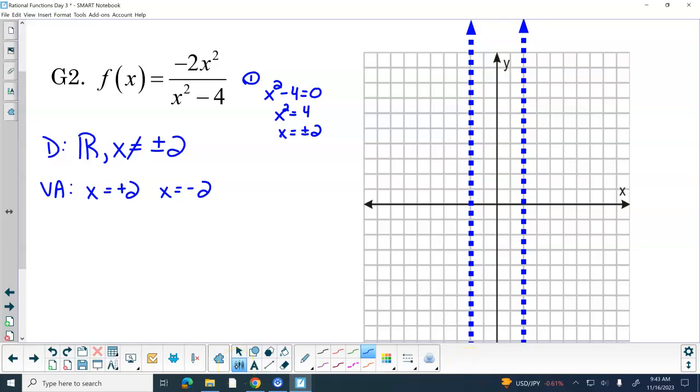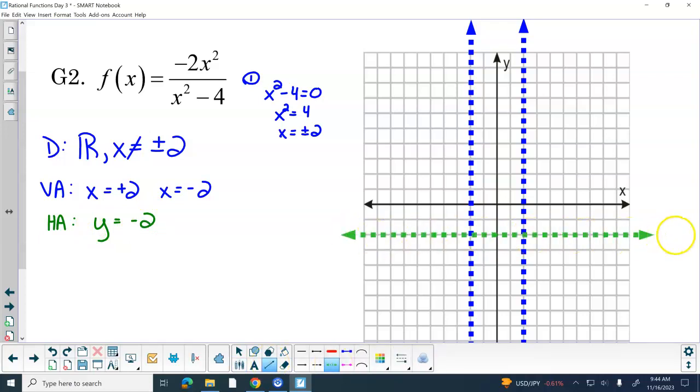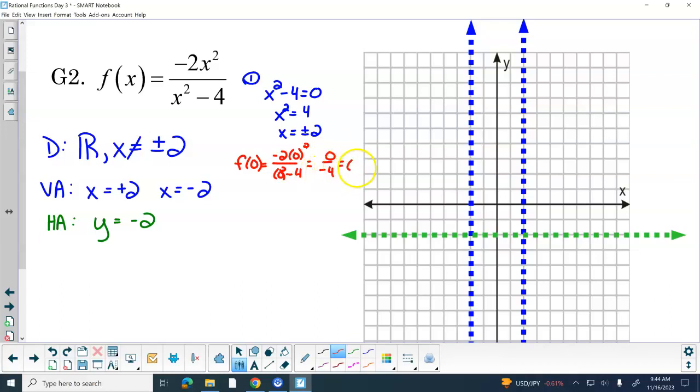Then, what's my horizontal asymptote? y equals -2, because we got same over same. So then we've got plug in 0. So if I plug in f of 0, I'm going to have -2 times 0 squared all over 0 squared minus 4. That's going to be 0 over -4, which is going to be 0.